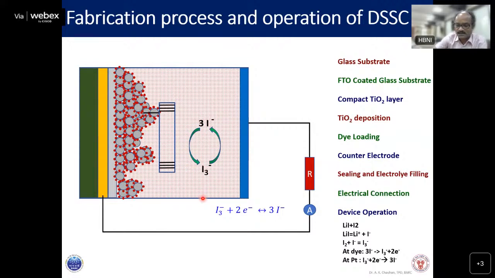So let us see it once again, so that you see this electron is going from here to here. Similarly, this electron is coming from here to here, and this electron is coming from here, and I3 minus converts into 3I minus. This is not actually collected by I minus, but after collecting the electron, the I3 minus becomes 3I minus.